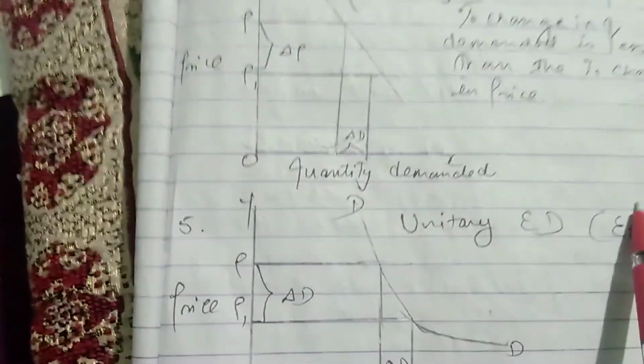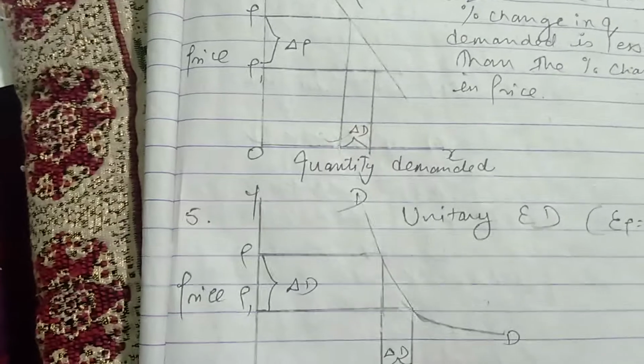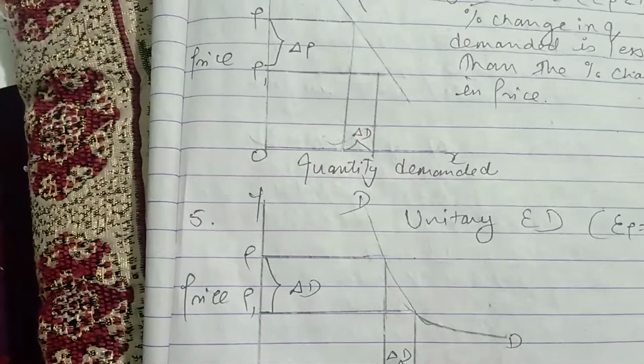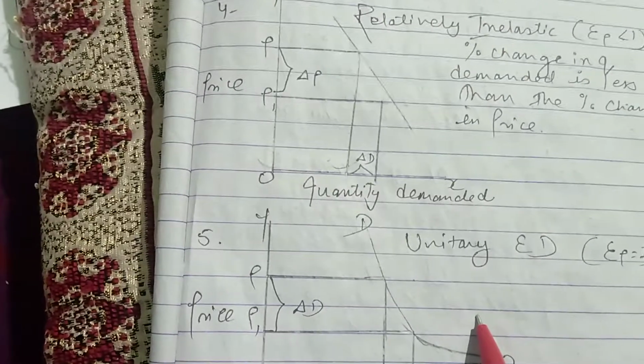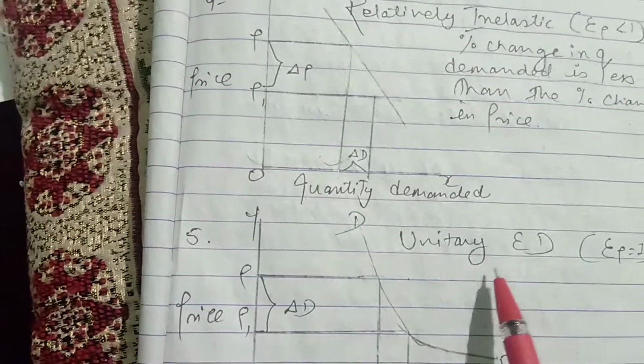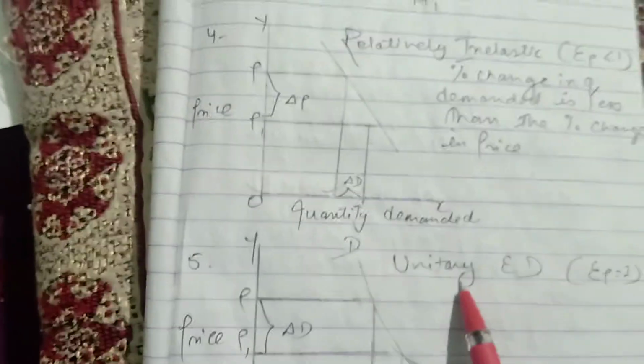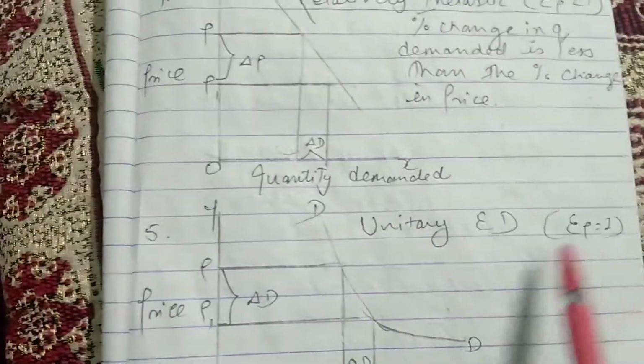So the lower percentage of income spent on goods makes demand relatively inelastic, and with less time to adjust, demand becomes more elastic as time passes. Here it is equal to 1.